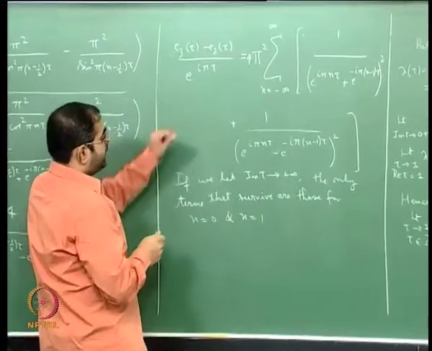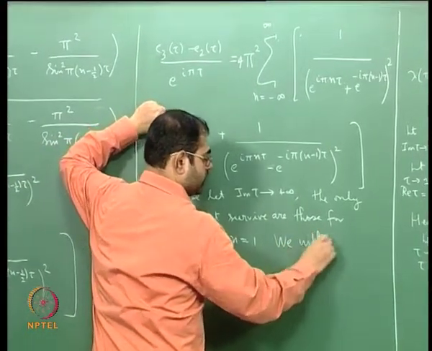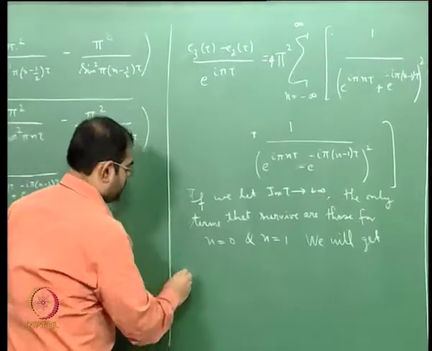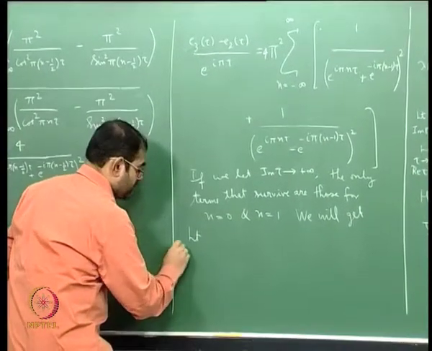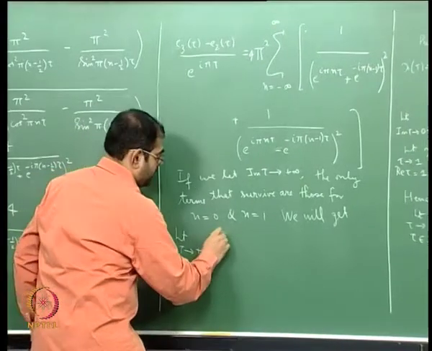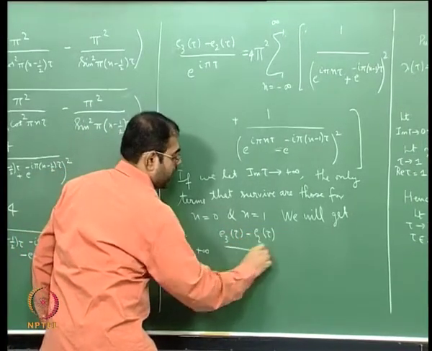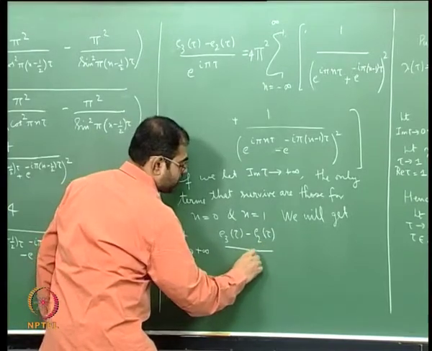And what will you get? We will get the limit, imaginary part of tau tends to plus infinity, of E3 tau minus E2 tau by e power I pi tau.